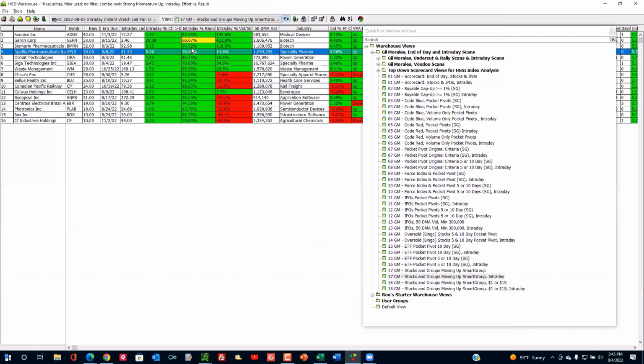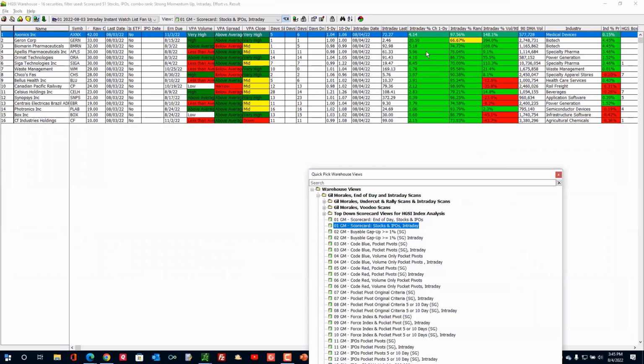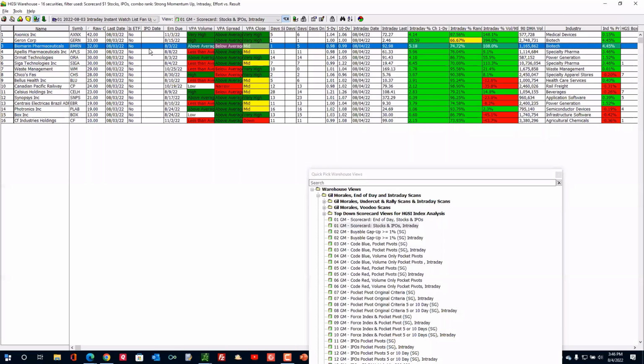So if I click through to the warehouse views, and let me go to Gil's #1 scorecard, you can see that these were all up today. Shows you the volume, the range. I'm sorted on raw combo. And if I bring these up, you're going to find that these are momentum stocks that are moving, and most of them cross over.